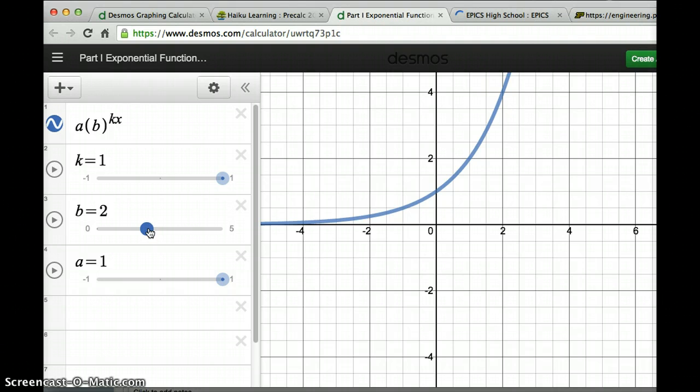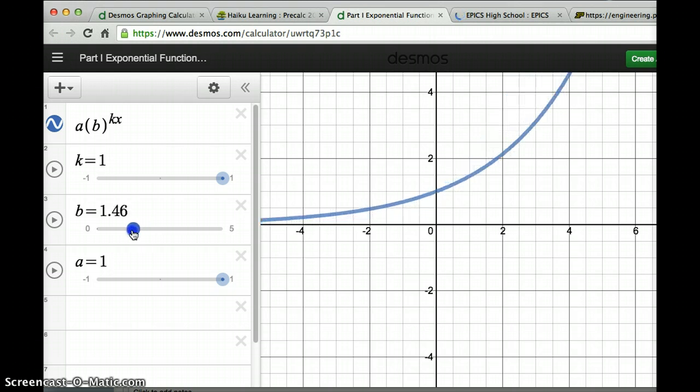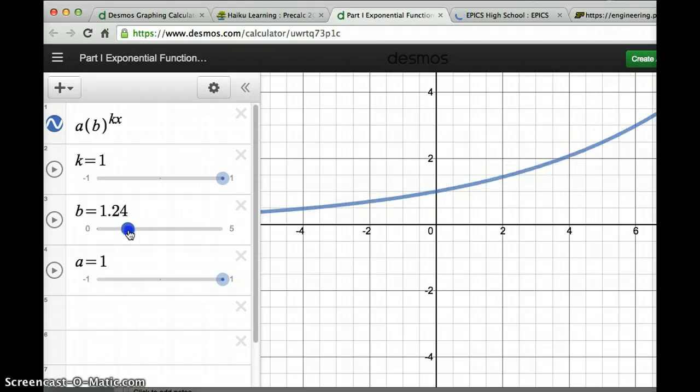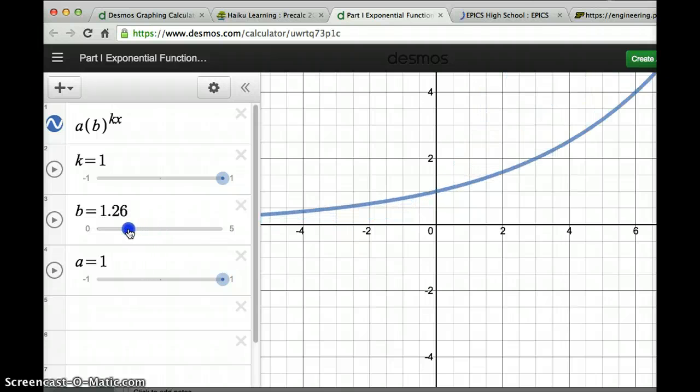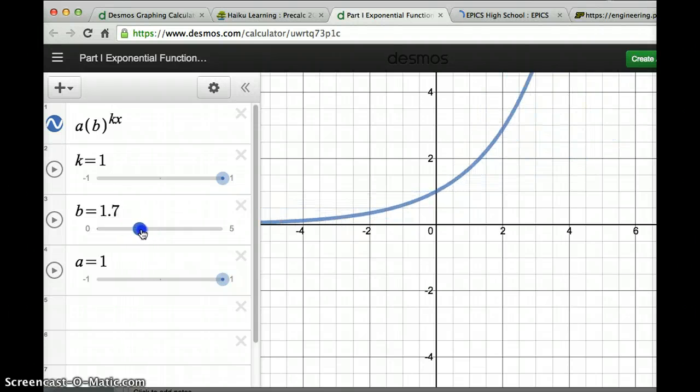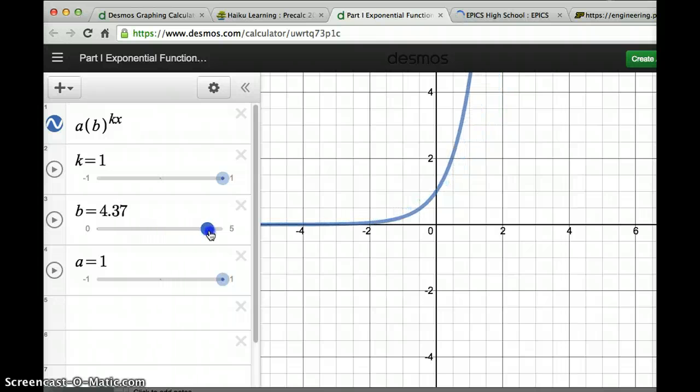And when you looked at the effect of b on this graph, you should have seen that any value of b greater than 1 creates an exponential growth graph. All of these graphs approach the horizontal asymptote on the left side and approach y equals infinity on the right side. It goes infinitely upward.